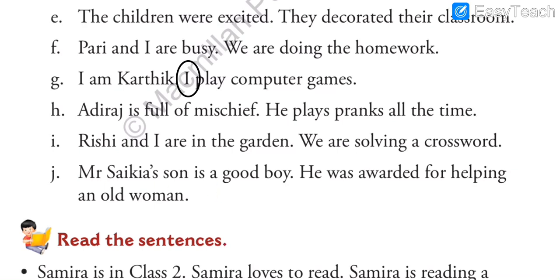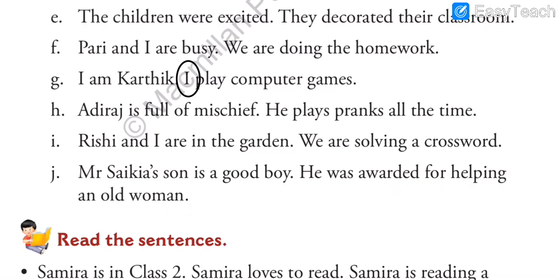Okay, let us move on to the last example, and the remaining ones you know you are going to solve on your own. The most complex types I always solve for you on the screen, so that you are easily able to understand the concept clearly, at least. So here is the last one, let me read it out for you. Mr. Saika's son is a good boy. He was awarded for helping an old man.